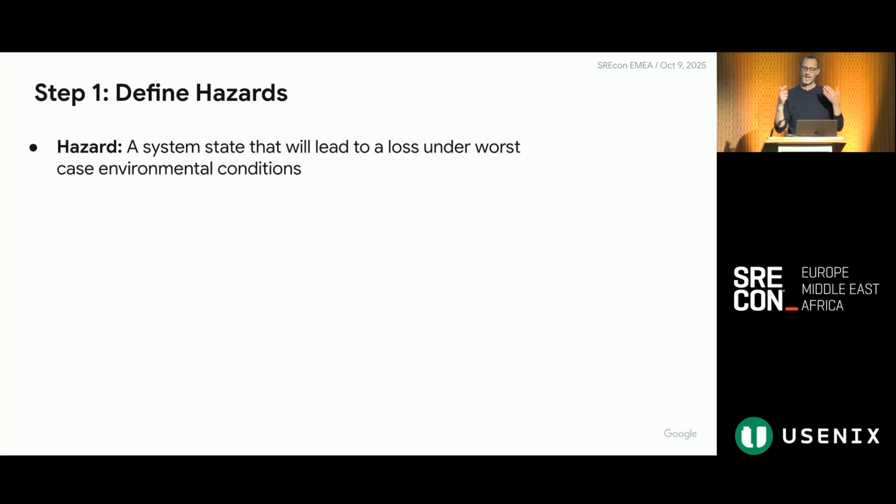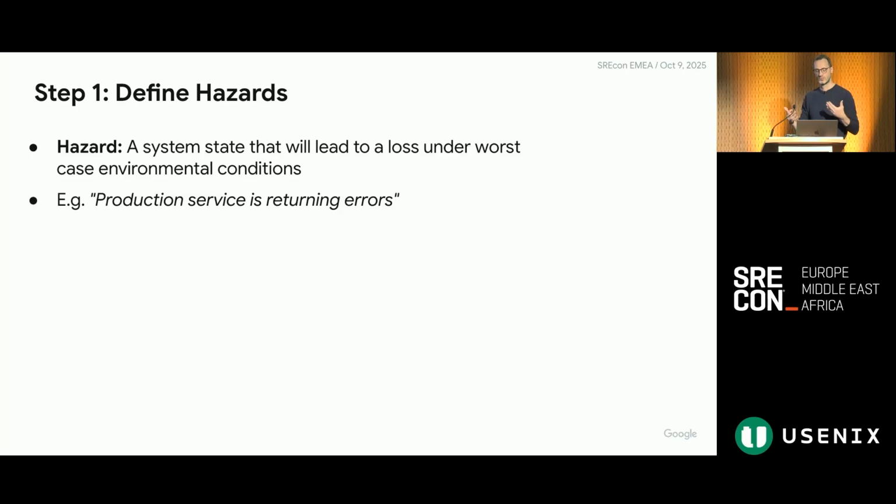Specifically, a hazard is defined as a system state that will lead to a loss under worst-case environmental conditions. And throughout the analysis, we label these hazards and reference them throughout the steps. For our incident response example, a simple hazard might be our production service is returning errors.